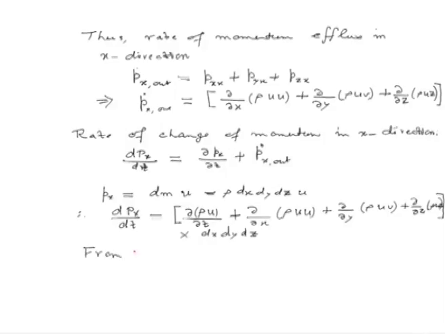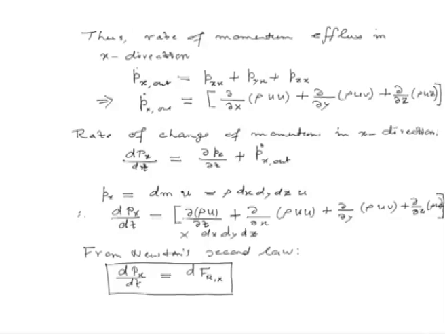Now, from Newton's second law, this dPx by dt would be equal to the resultant force in x direction, which we have denoted by dFrx, which we have derived earlier. Let us substitute the expressions of both of them.